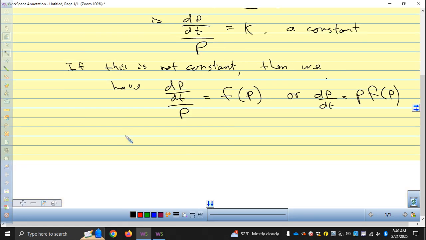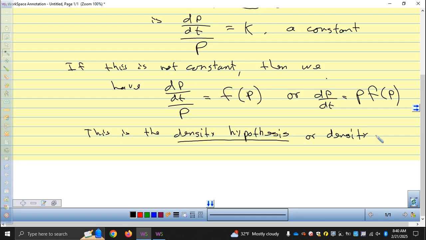This is called the density hypothesis, or the density dependent hypothesis. So just a different model for population growth.